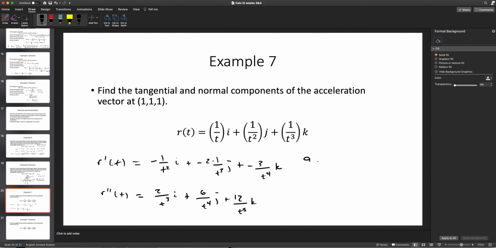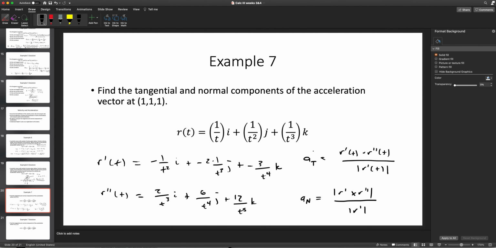Now, the tangential component is given by this equation, r prime of t dot r double prime of t all over the length of r prime of t, and the normal, which is the second one, is r prime cross r double prime all over the length of r prime.